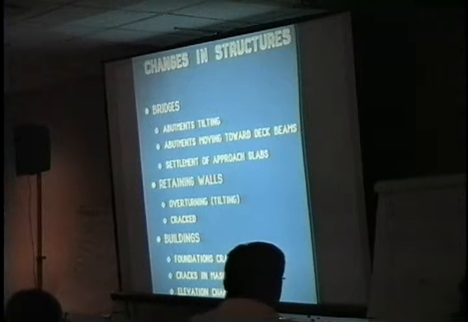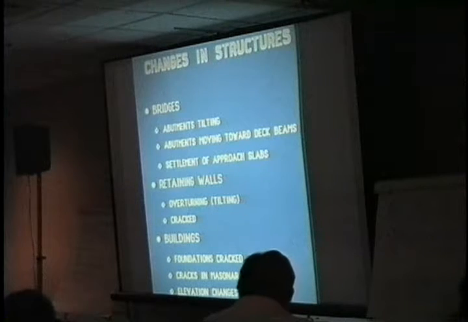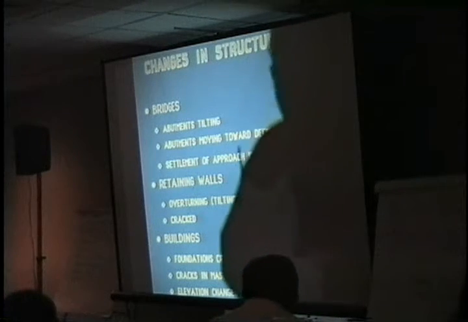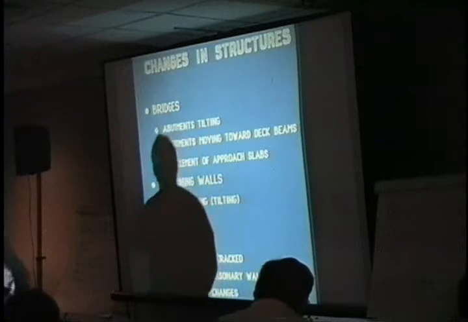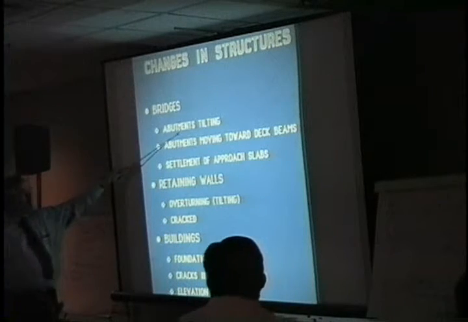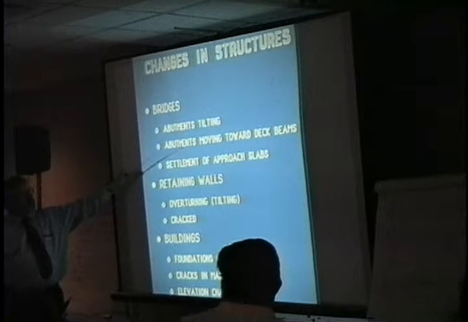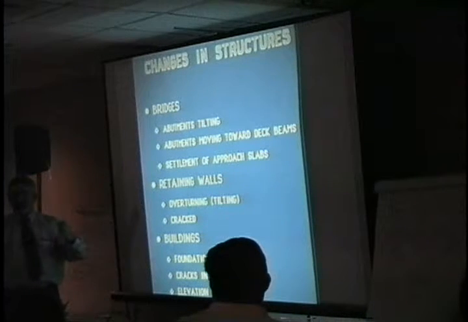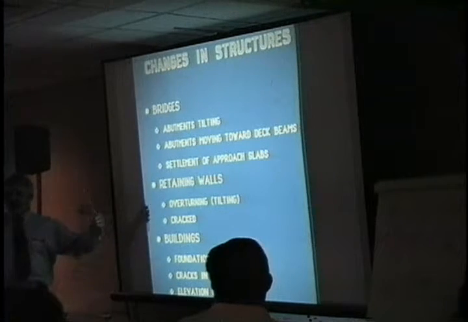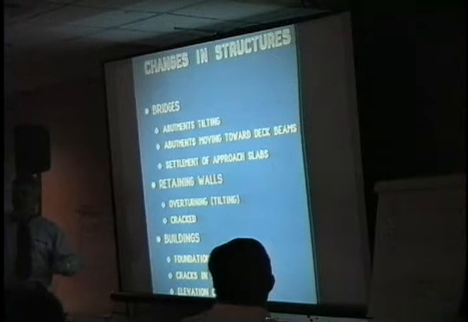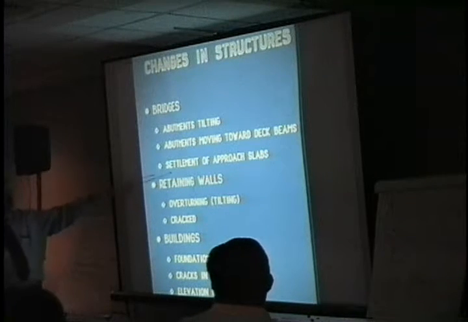Okay, changes in structures. Bridges, you might see tilting abutments. I mentioned this before, abutments moving towards deck beams. So that means the end slopes have moved in and the bridge is tending to buckle.